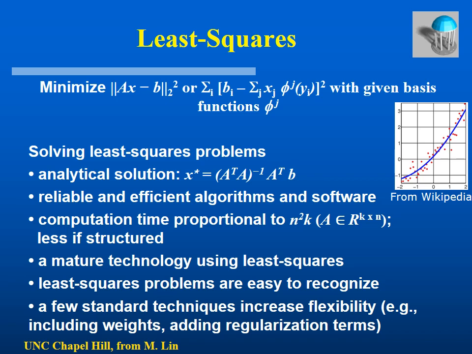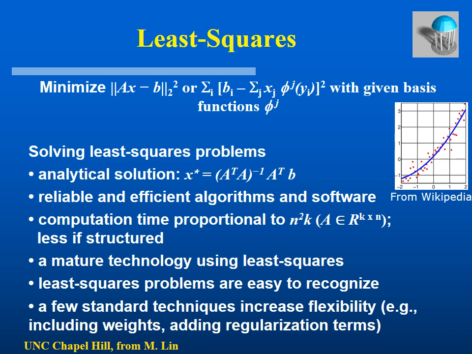And so what we're trying to do is to get the polynomial value at each of those yi's to be as close to bi as possible. And so we're going to sum over all the yi's the square distance between bi and the weighted sum of phi j of yi's, which is the polynomial value.